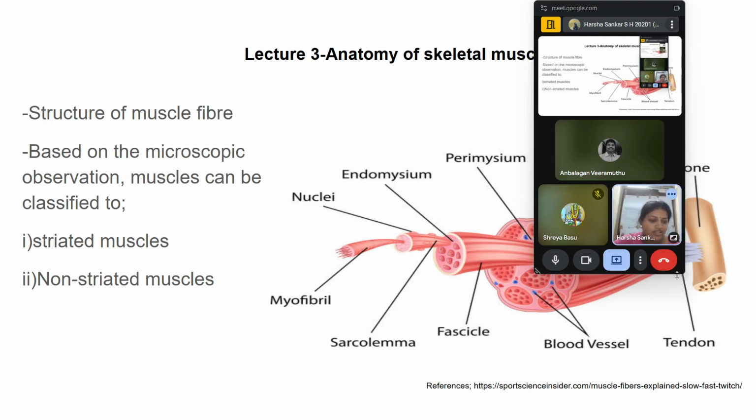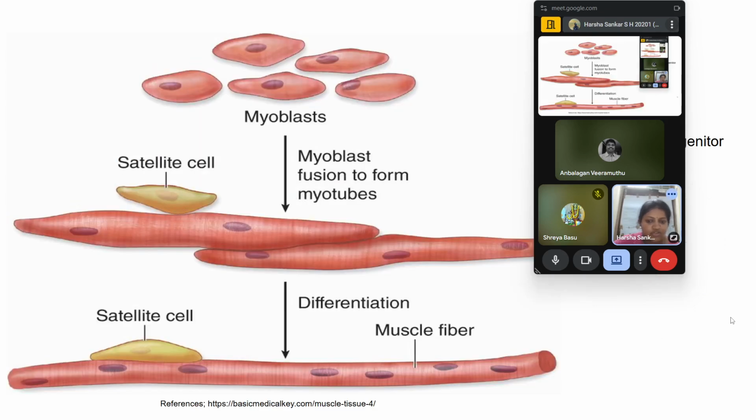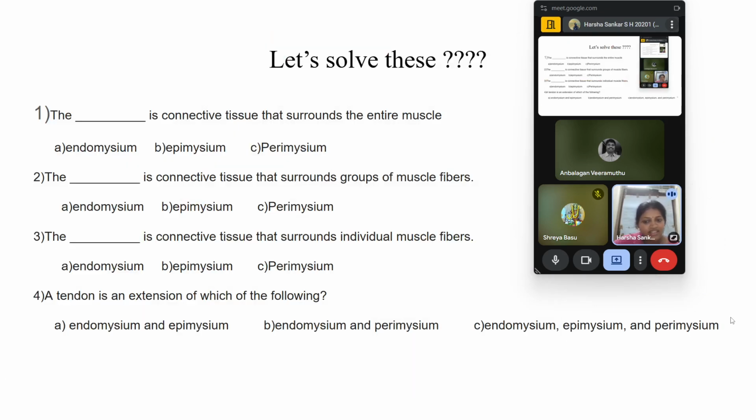Tendon is the one that connects bone to the muscle. So, the question is, tendon is an extension of which one of the following? All the tendon is an extension of the total muscle, right? Which is covered by endomysium, epimysium, and perimysium. So, the correct answer is option C. Okay.